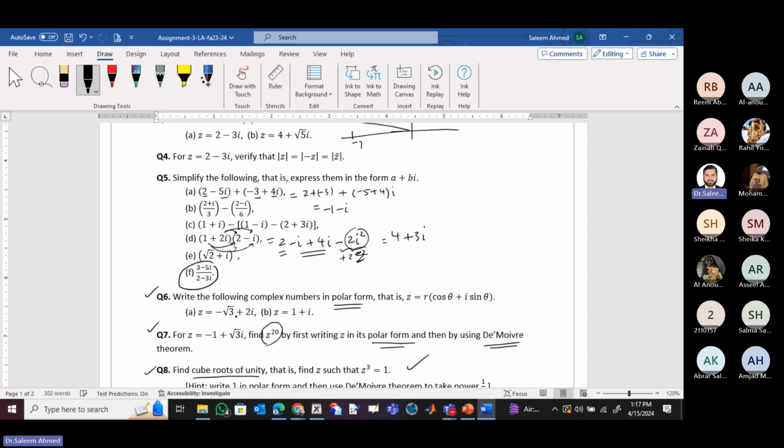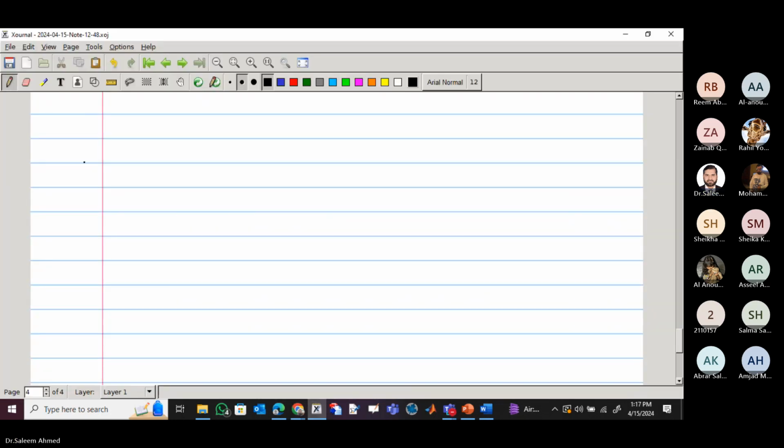In division, I did it last time, but let's say 3 minus 5 iota over 2 plus 3 iota. This is the complex number division: how to divide two complex numbers.